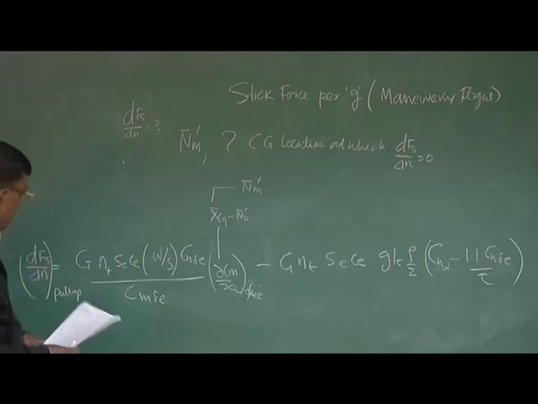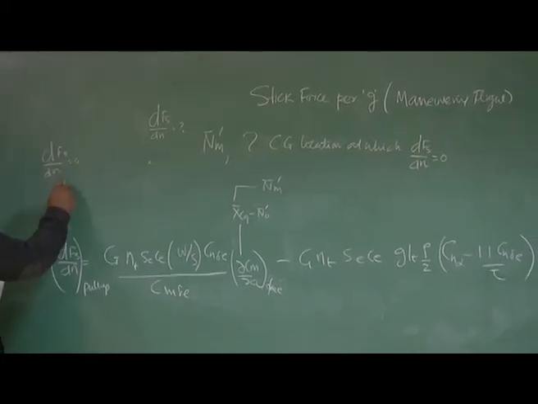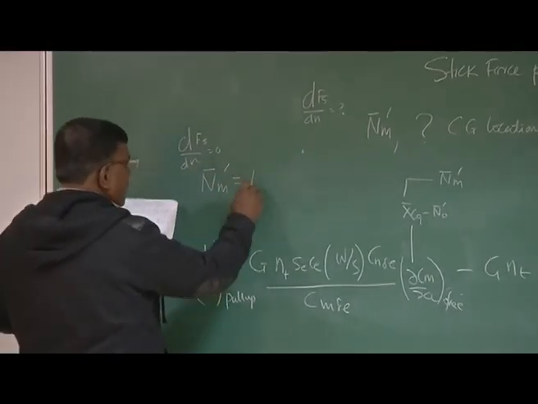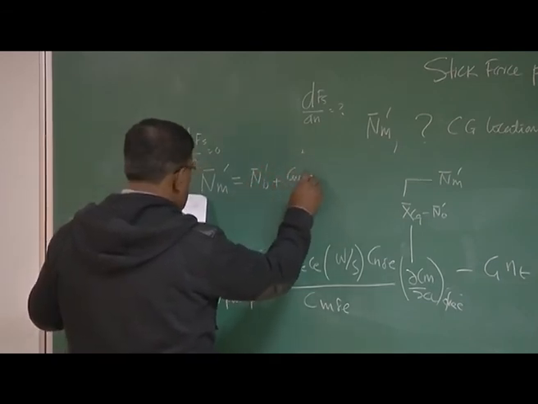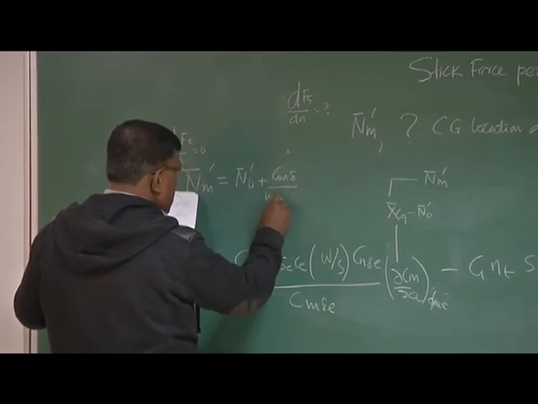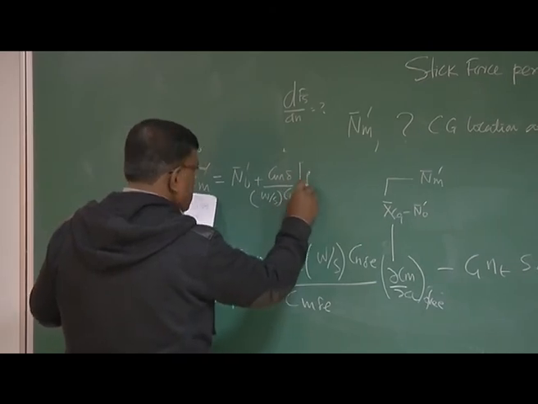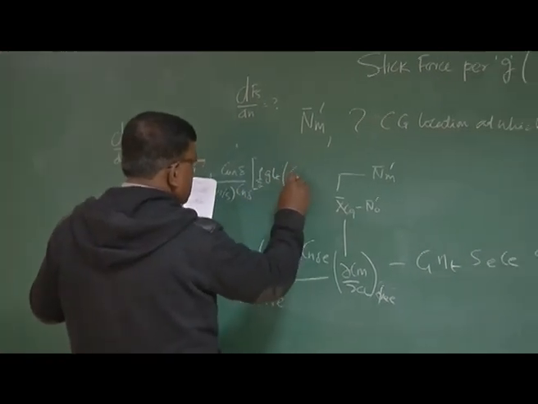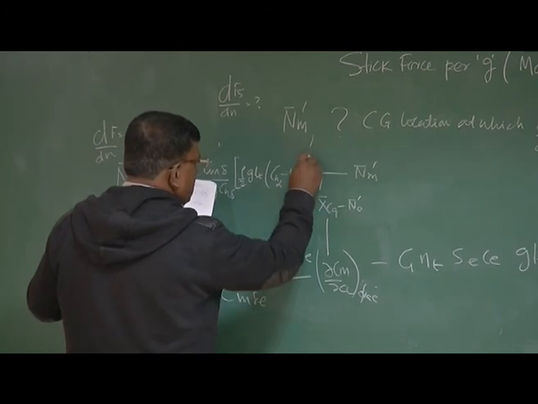So if I put dFs by dN equal to 0, I get the expression for the stick free maneuvering point as N naught prime plus Cm delta by W by S CH delta into rho by 2 G LT CH alpha minus 1.1 CH delta by tau.